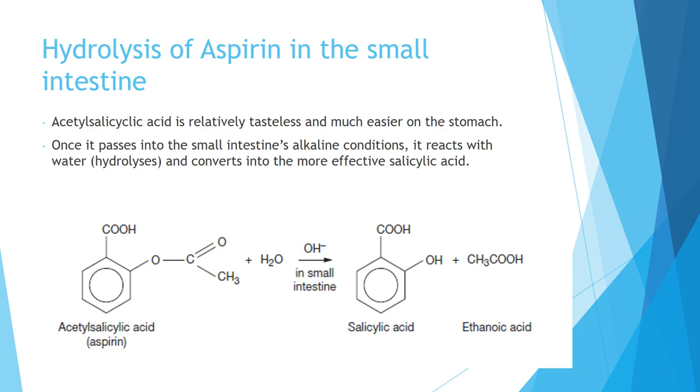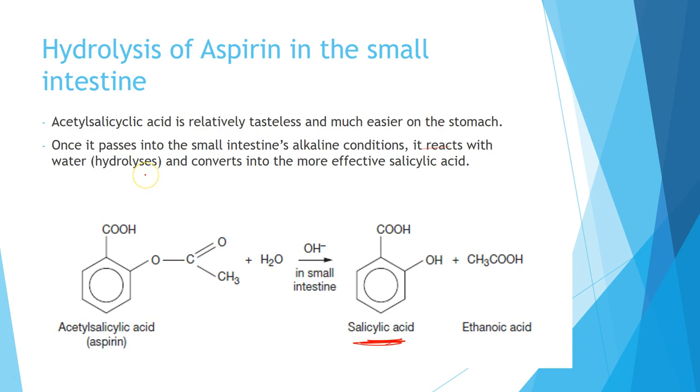So aspirin actually is delivered as acetylsalicylic acid, but it's salicylic acid which is active in the body. What happens is this acetylsalicylic acid is relatively tasteless and therefore has higher patient compliance, is easier to take, and it's easier on the stomach than salicylic acid.